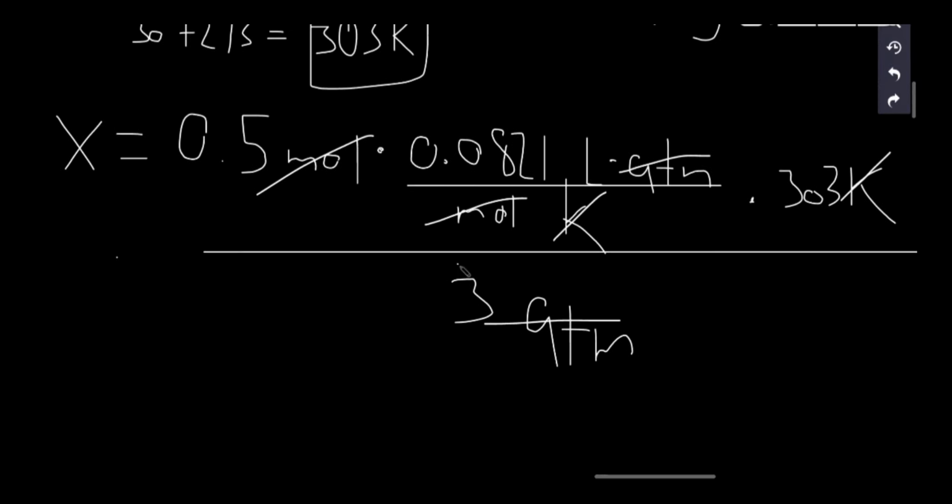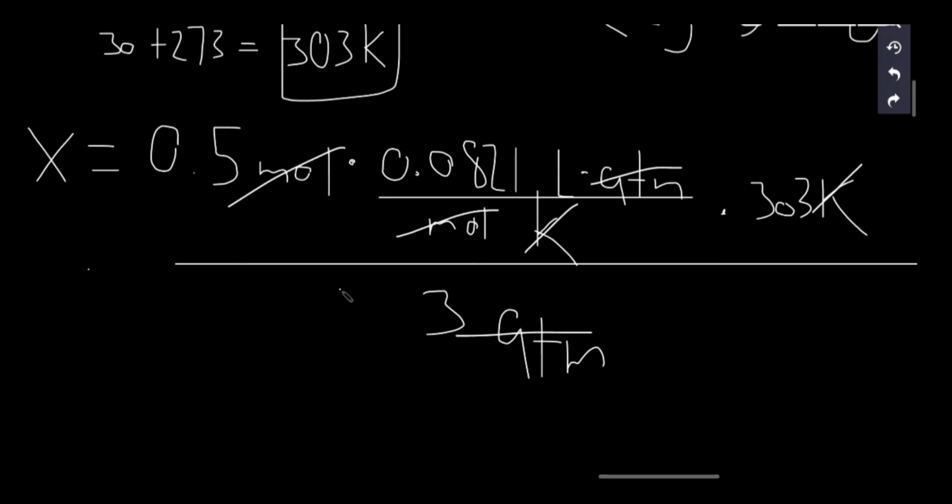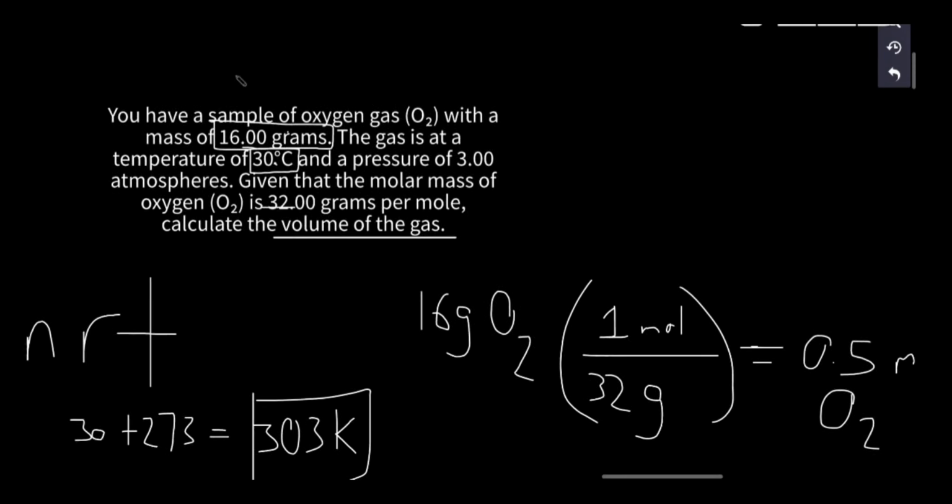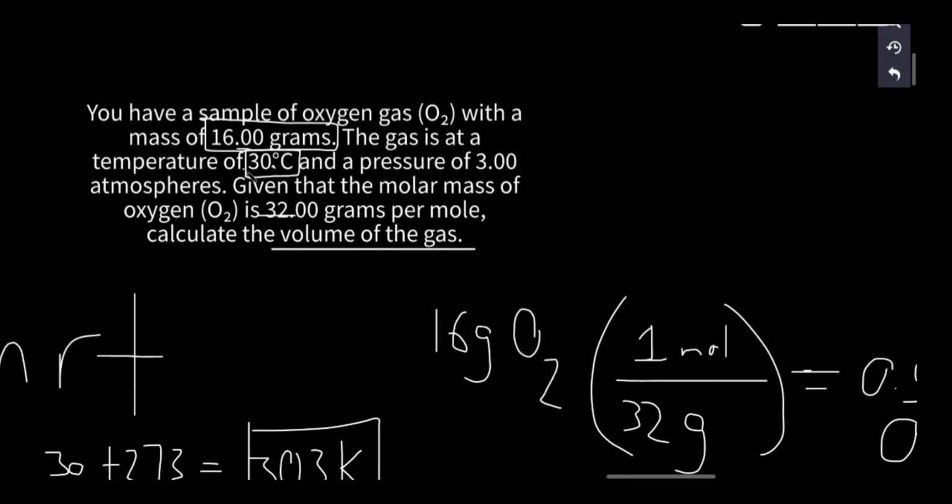So if we plug this into the calculator, 0.5 times 0.0821 times 303, and we divide this by 3 atm. That can't already cancel out, so we just divide it by 3. And we are going to get x equals, how many digits are we rounding to? Okay, so we're going to round this to 2 digits.